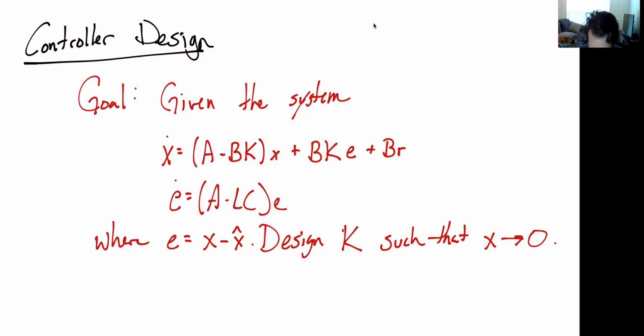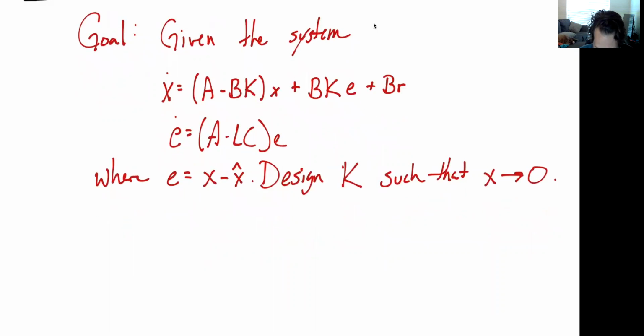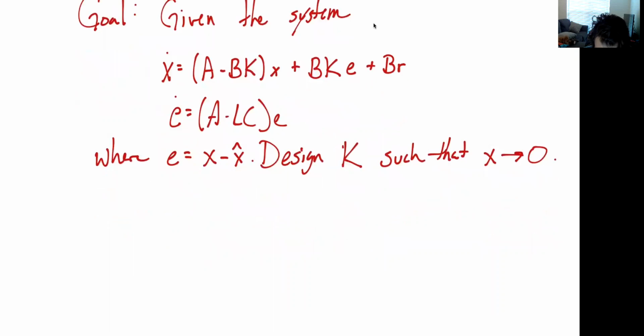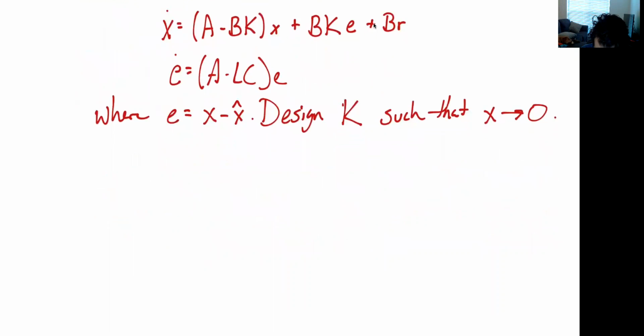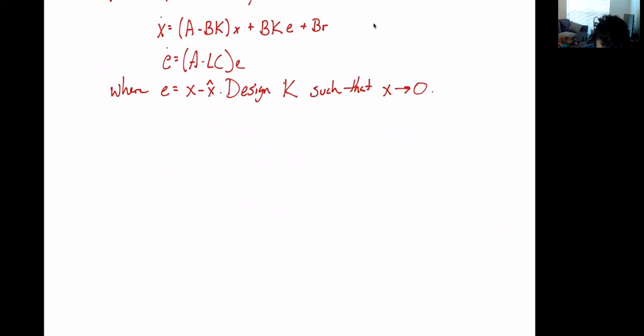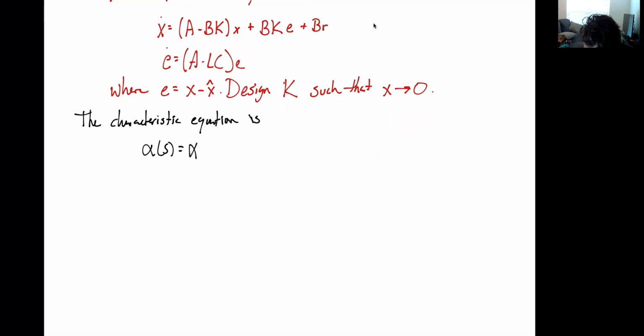Okay, so again, the characteristic equation of our system is given by alpha of S is equal to alpha naught plus alpha 1 S plus alpha 2 S squared plus all the way to S to the n, and this guy is equal to 0.